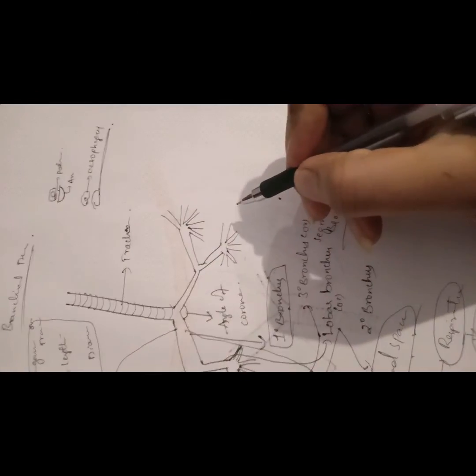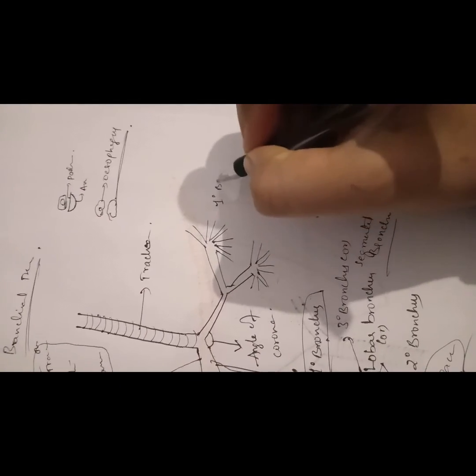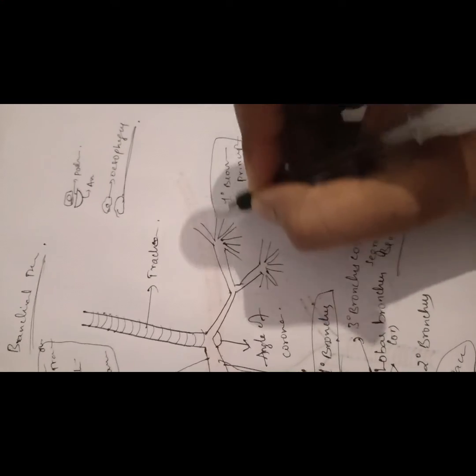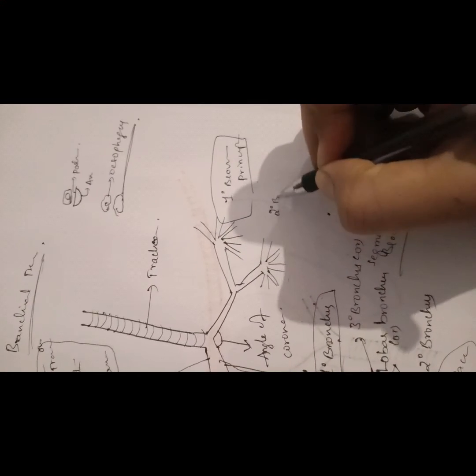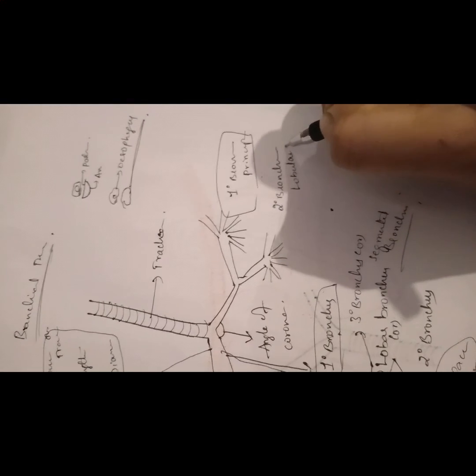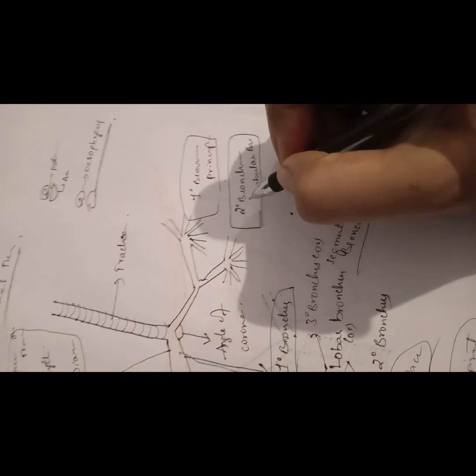Next, friends, we can conclude that the primary bronchus is the principal bronchus, which divides from the trachea. The secondary bronchus is known as the lobar bronchus, which is divided on the basis of lobes.